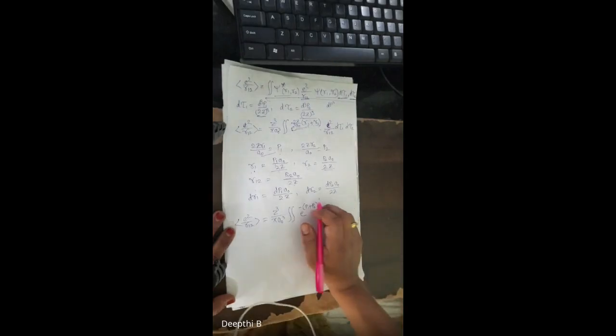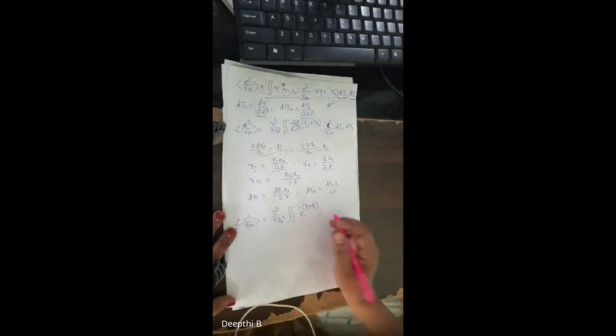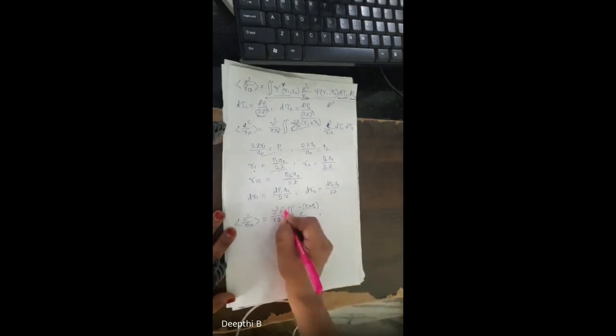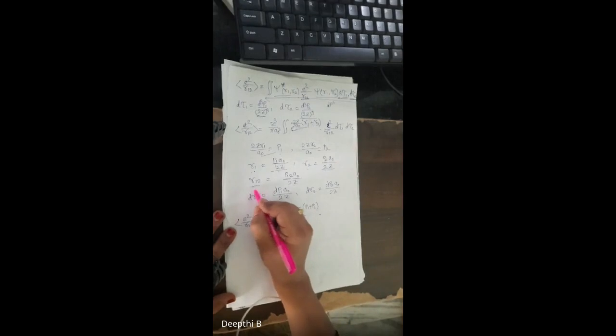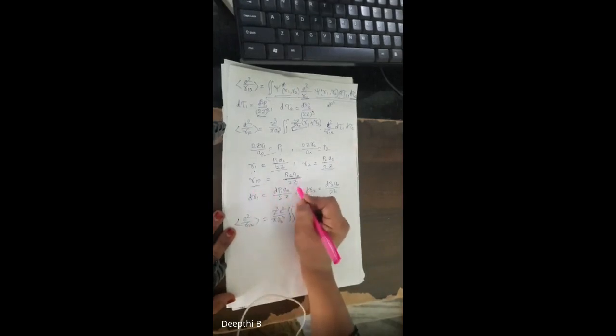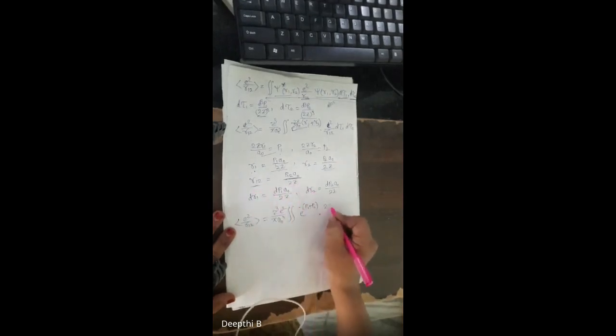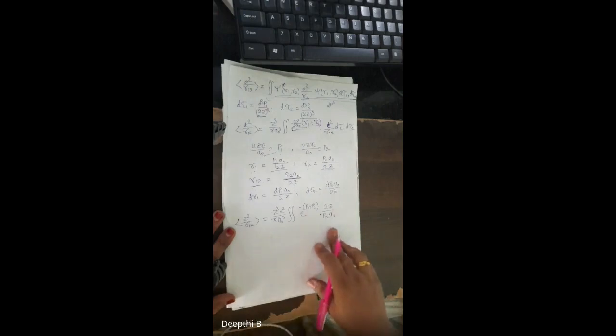So first we are putting the r12 value, and e square we are putting here. Now 1 by r12. The r12 value is this, but it is 1 by, so 2z upper, so 2z by p12 a naught. Okay, students.